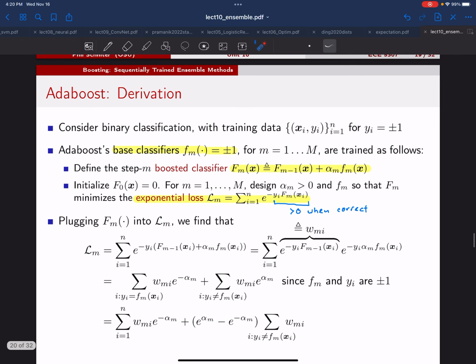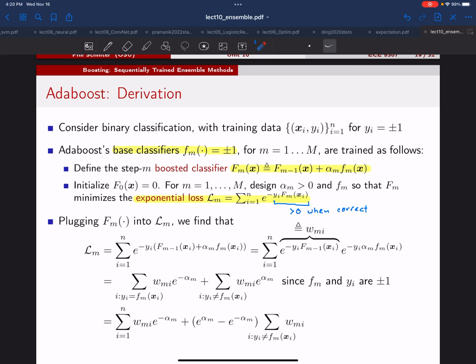Okay, so this is our goal then. We want to go through m equals 1, m equals 2, and so on. At each point, we want to design alpha and fm to minimize this exponential loss. Okay, and this is tractable, as we'll see.